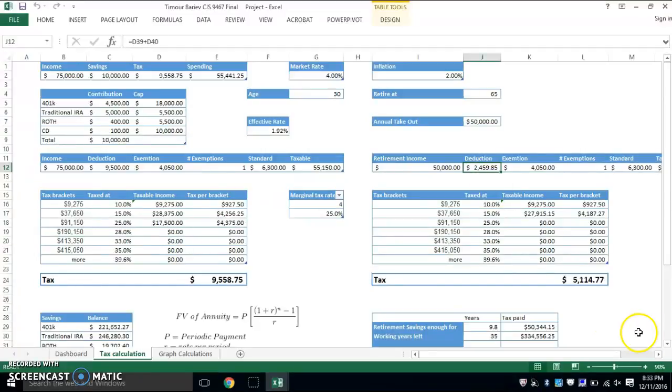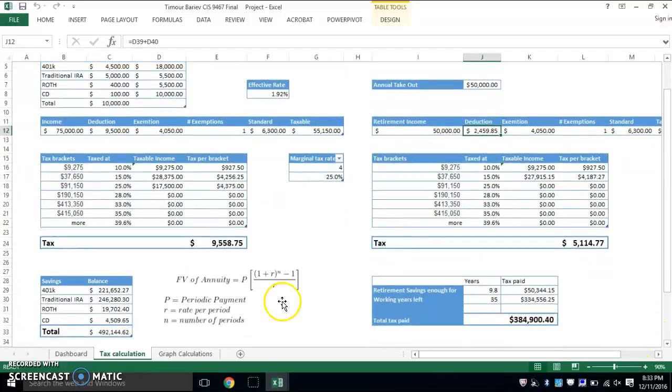I used a formula for the future value of an annuity to calculate the amounts in each account. The only difference with the CD account is we'll have to pay taxes on the interest right away. That's why the interest rate is reduced for taxes.